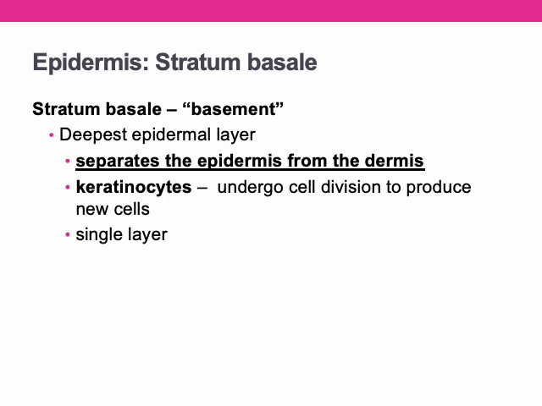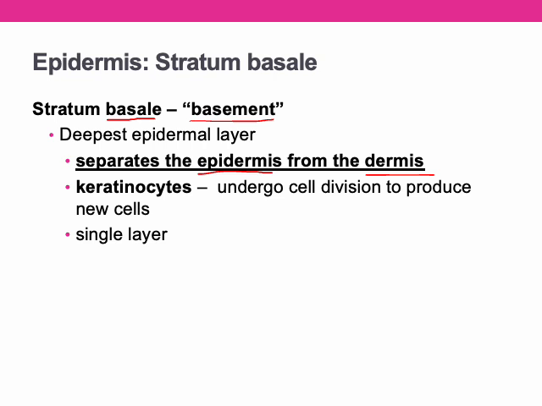Stratum basale is the deepest layer of the epidermis. The easiest way to remember that is when you associate the word basale with basement. So stratum basale is one layer thick and it separates the epidermis from the dermis. What happens in this layer is there are a lot of stem cells that give rise to new keratinocytes.